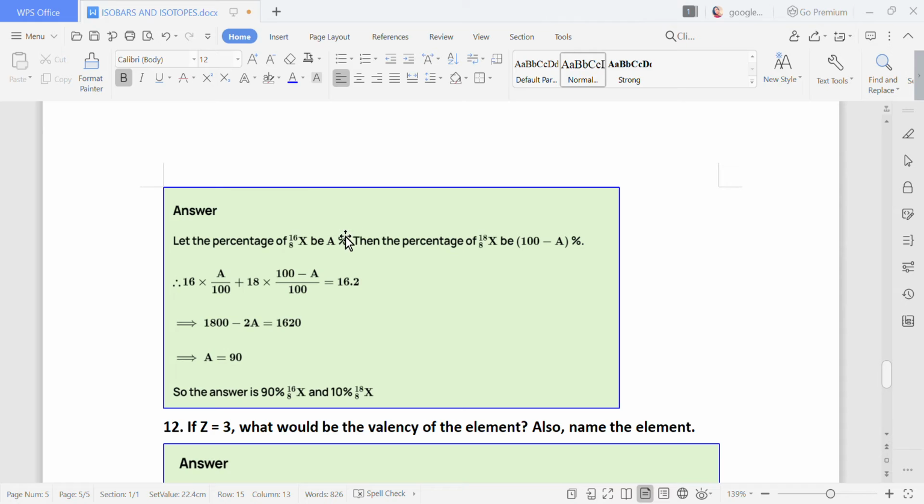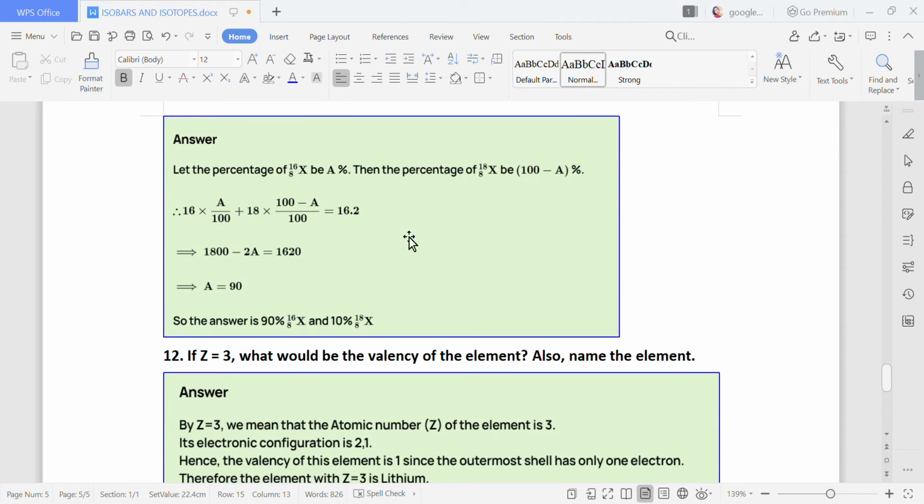Now what we will do, we will just put these values of percentage in the formula. The formula is same as above that we have done. The formula is average atomic mass is equal to the atomic mass of first element into percentage plus atomic mass of second element into percentage.